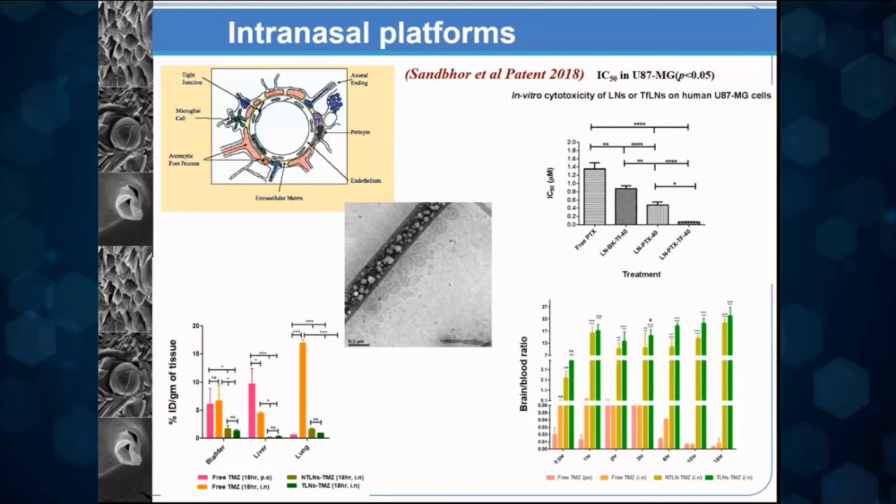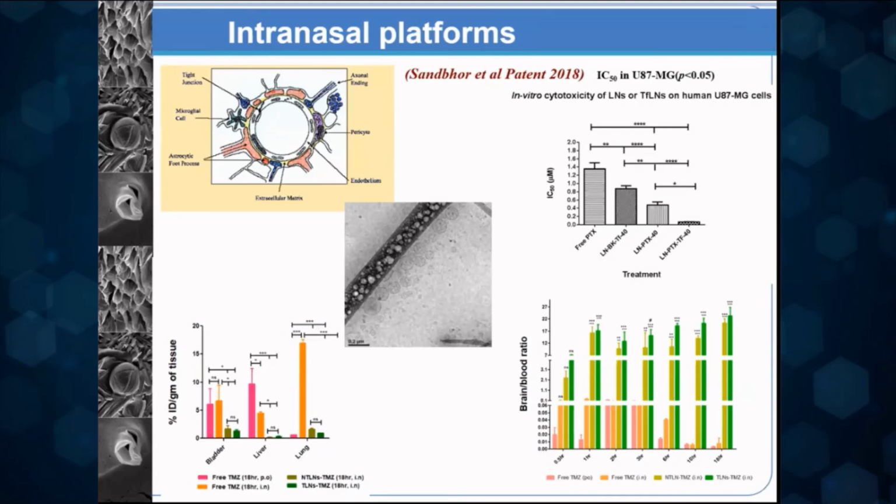The other major barrier which we would all know of is what is referred to as the blood brain barrier. Now the blood brain barrier has a unique system where the capillaries are very closely packed and the end plates are such that you form a specific barrier which prevents substances from going across to the brain.